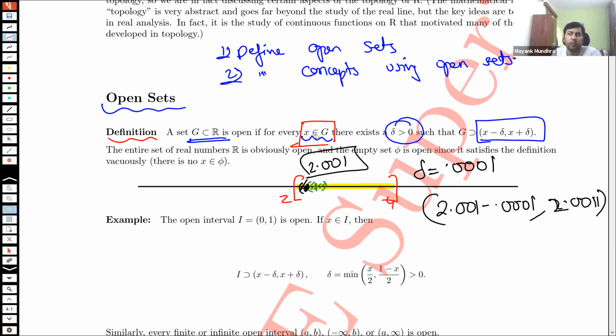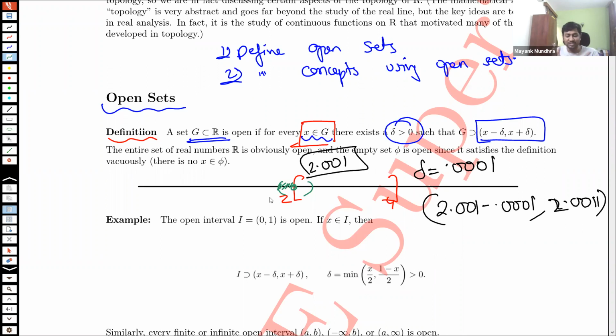Now, this condition is going to be violated for some points. Okay, so this condition says that for every element x, if you construct a neighborhood around it, that neighborhood should be contained in the set. But now if I construct a neighborhood around the number 2, right? If I take the number 2 and try to construct any neighborhood around 2, the left part of this neighborhood is going to protrude outside the set.